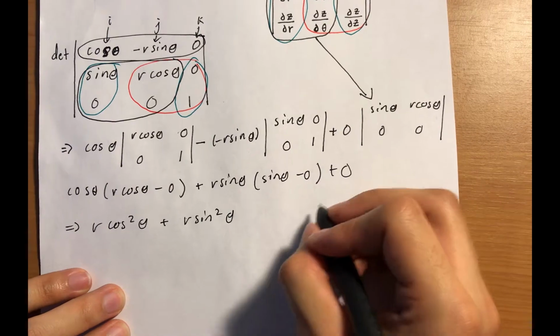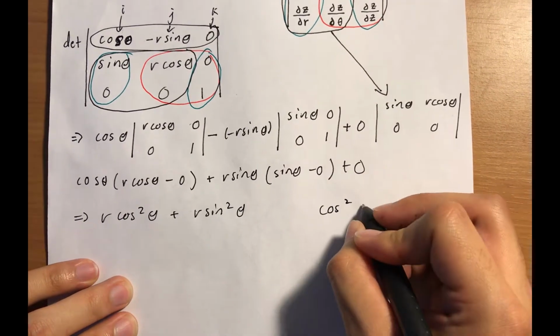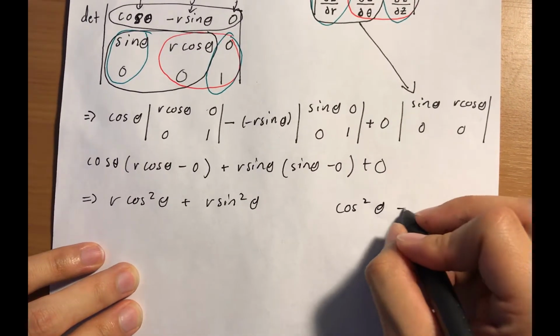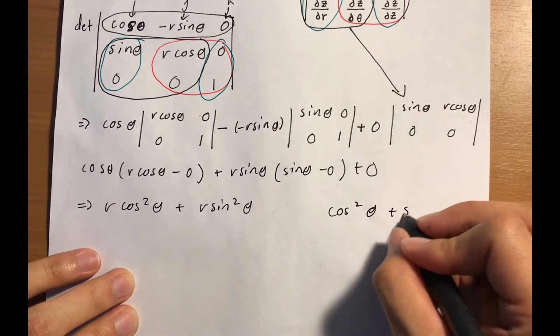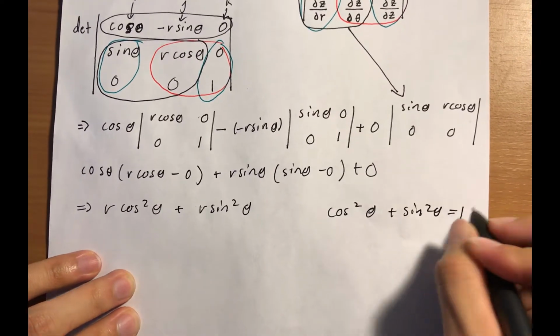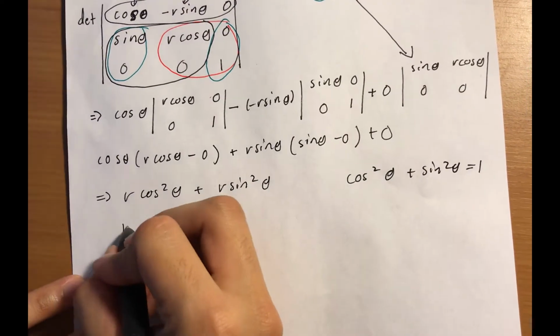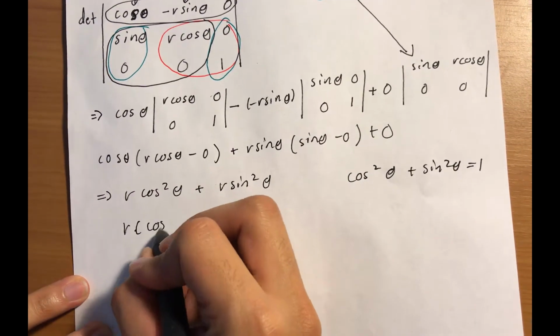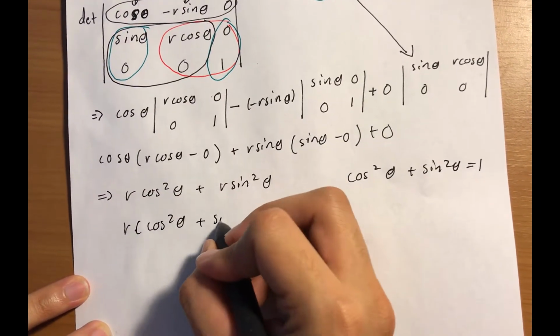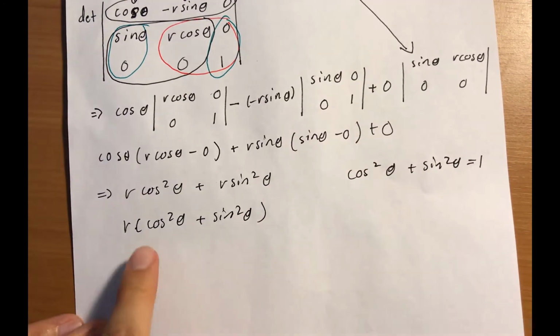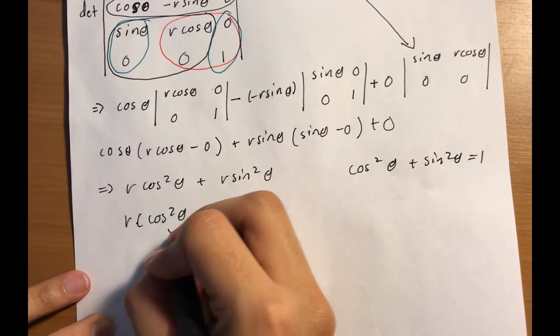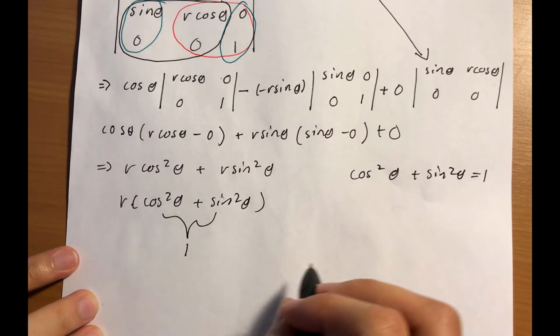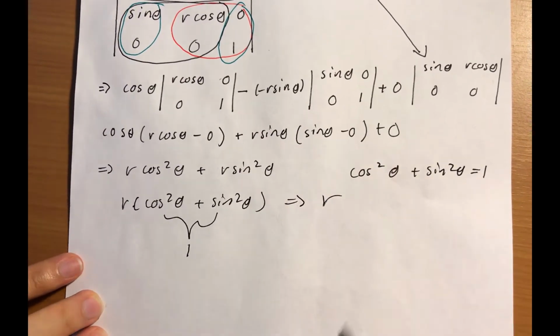If you're familiar with trigonometry, you know that cosine squared theta plus sine squared theta is equal to 1. Factor out an r, cosine squared theta plus sine squared theta. This inside is just equal to 1. So in reality, this is just r.